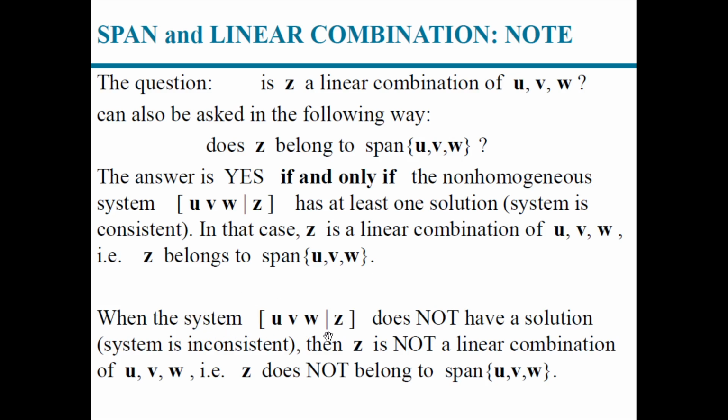Obviously, if this non-homogeneous system is not consistent, therefore it doesn't have a solution, then z is not a linear combination of u, v, and w, so z does not belong to the span of u, v, and w. Now, just because we introduced the new name span, we have a different way of asking questions about linear combinations, because span is just the set of all the linear combinations of u, v, and w. That's all it is.